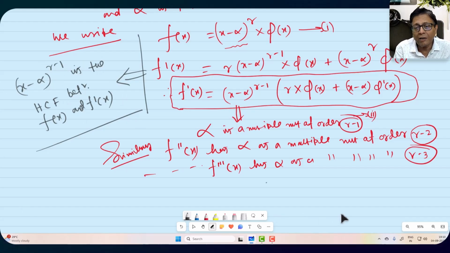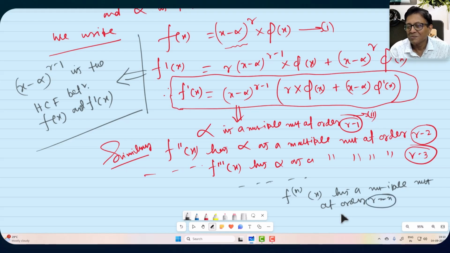This way, if I continue that f n x, n times, if it occurs, has a multiple root, does it have a multiple root of order r minus n? No, that is not possible. In f n x, you will get a constant over there. You can reach up to n minus 1.